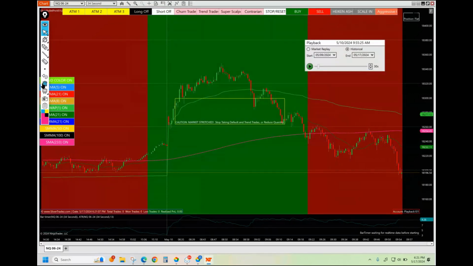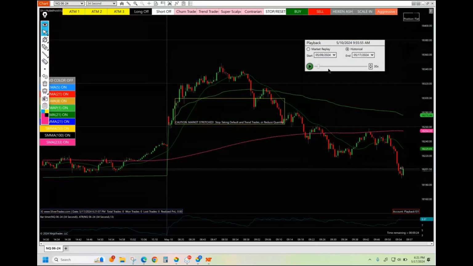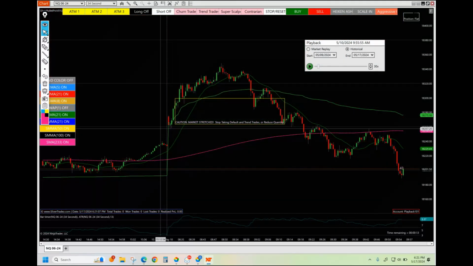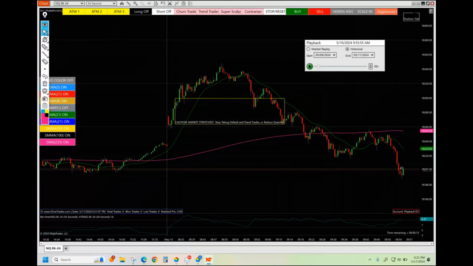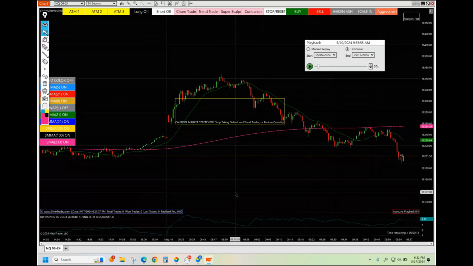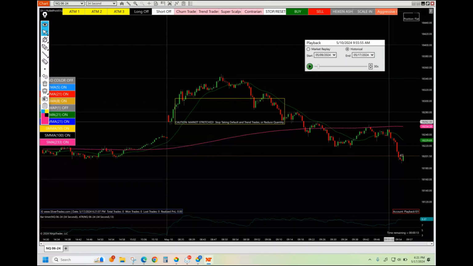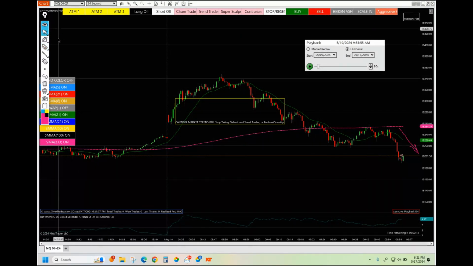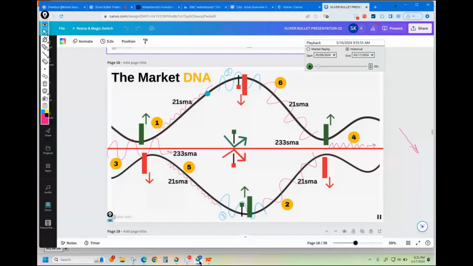Let me turn these colors off. Okay, colors are off. 2 lines. Now the market has turned downwards once again. It is going down once again. So that is market condition number 5, I believe. Yes, market condition number 5.